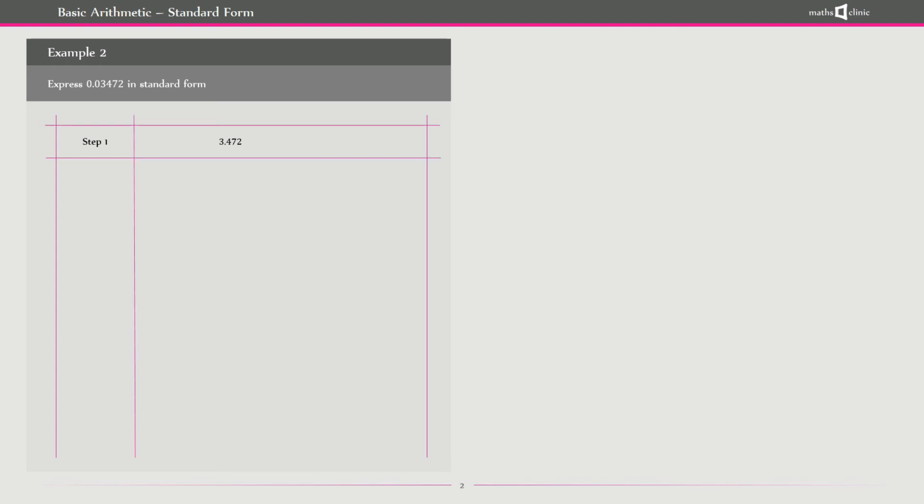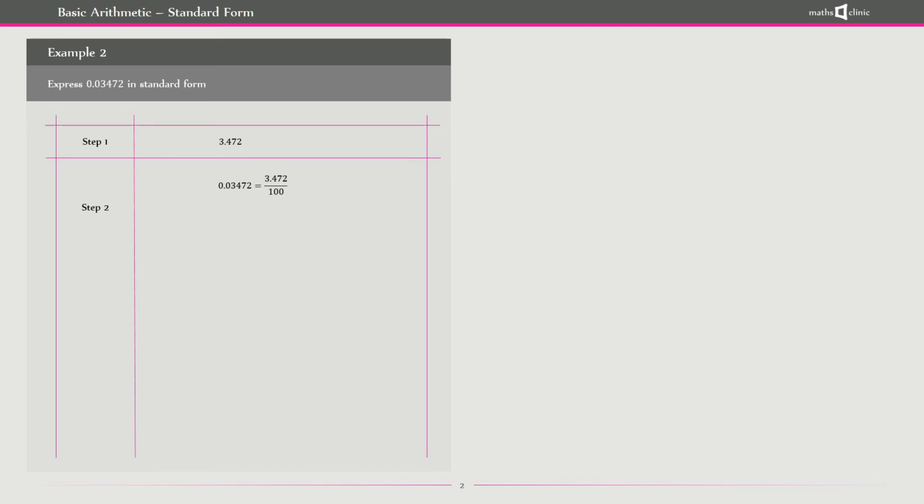The next thing we want to do is compare our standard number to the actual number in the question. Basically, 0.03472 equals our standard number 3.472 divided by 100.